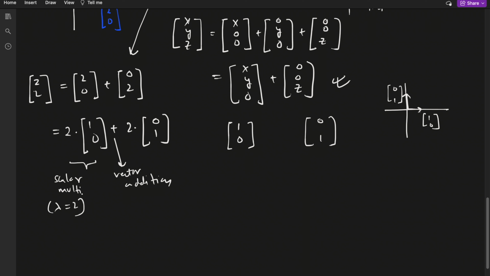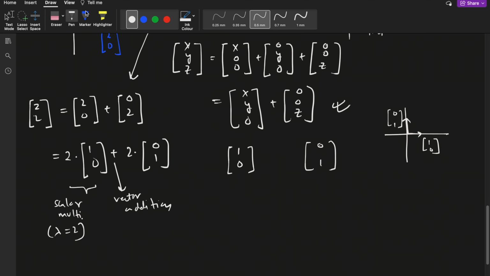So I am simply stretching them. After stretching, this becomes 2 0, and this becomes 0 2, right?